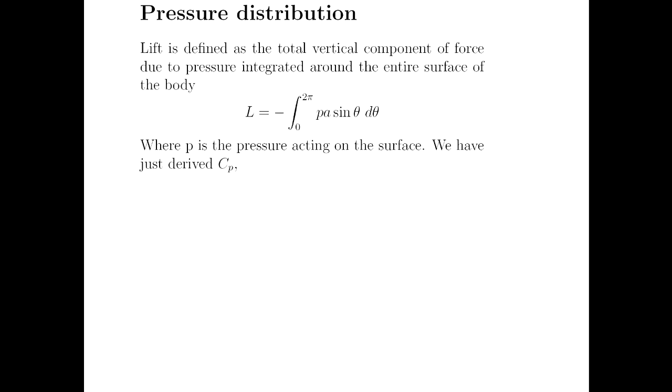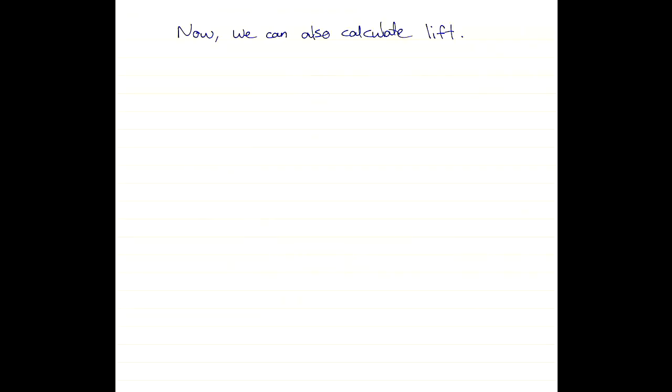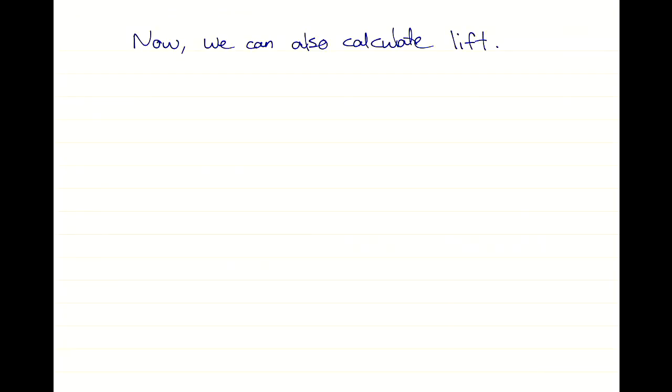Using this information, we can then derive an equation for lift. Lift is just equal to negative the integral from 0 to 2 pi of P a sine theta d theta. I'm going to call this equation 4.